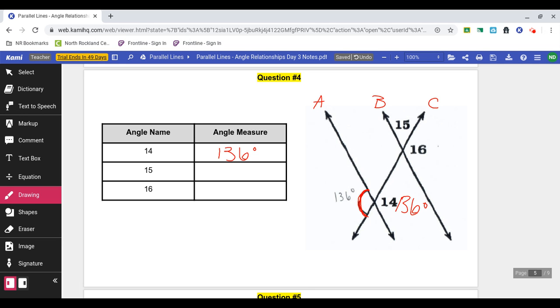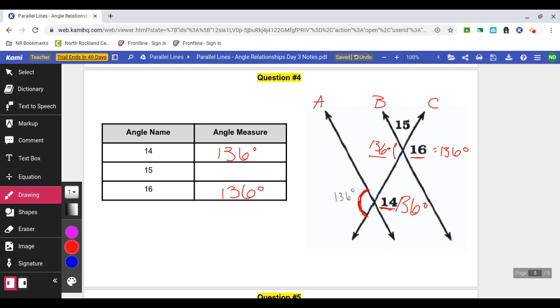But if I look at this 14 and this angle right here, those are your alternate interior angles, which means they're equal to each other, even though I don't have an angle name there. But I do know that this angle is also going to be equal to 136 degrees. Well, since this is equal to 136 degrees, this angle 16 and that angle are vertical angles, so they're equal to each other. So I know angle 16 also has to be equal to 136 degrees.